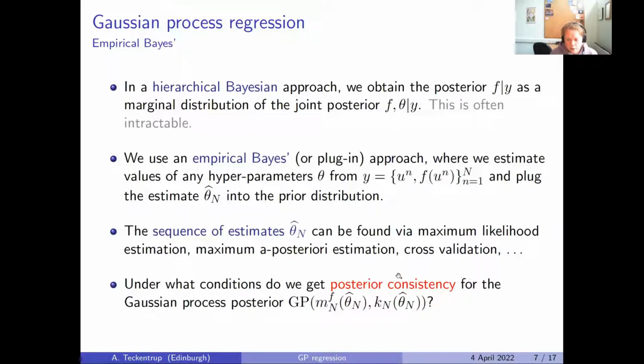What I'm interested in is what happens as n tends to infinity and whether we can get posterior consistency. So whether the posterior that we get on f given y still concentrates on the truth as n tends to infinity, even if we have to estimate the hyperparameters.